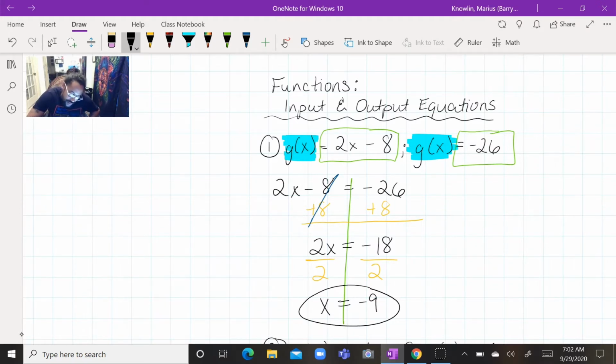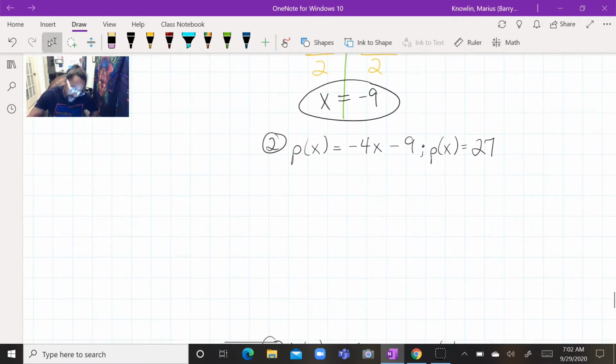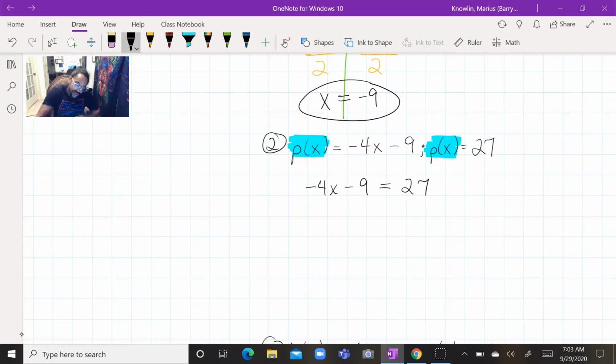Okay? So let's go ahead and take a look at number 2. Number 2 wants us to set p of x equal to positive 27. So we're going to say negative 4x minus 9 equals positive 27.